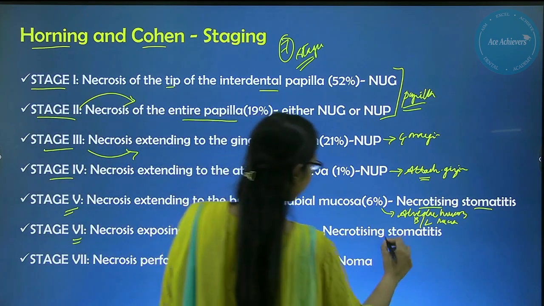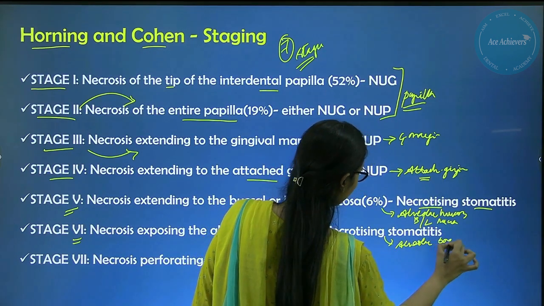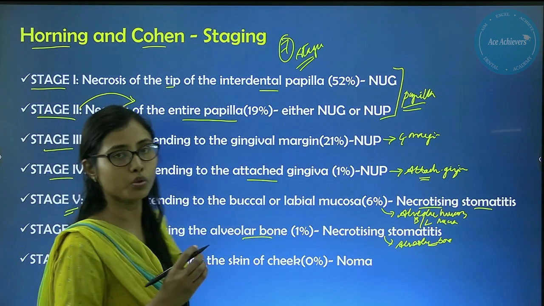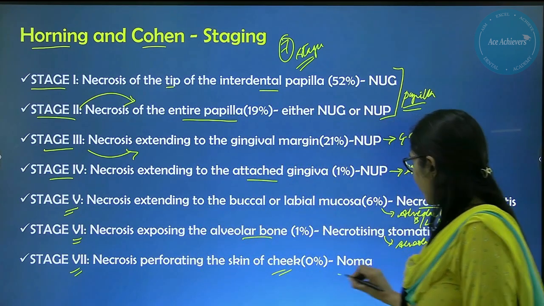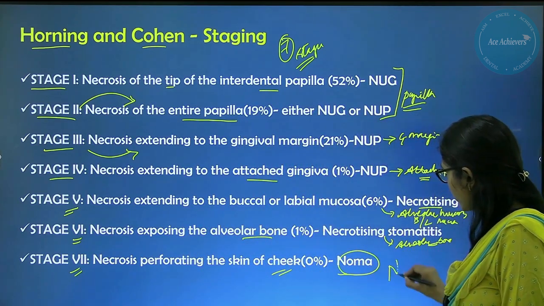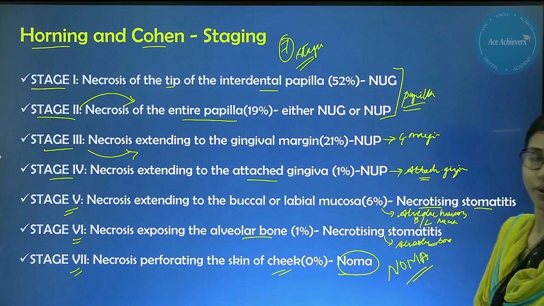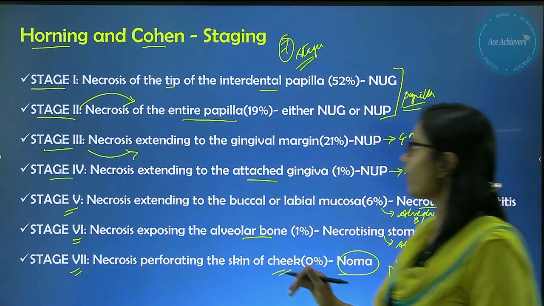In stage 7, the necrosis perforates the skin of the cheek. It is called noma. So when there is a perforation of the skin of the cheek, it is called noma. So these are the 7 stages given by Horning and Cohen.